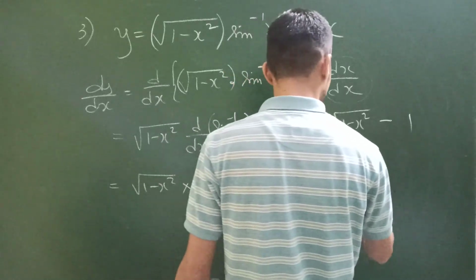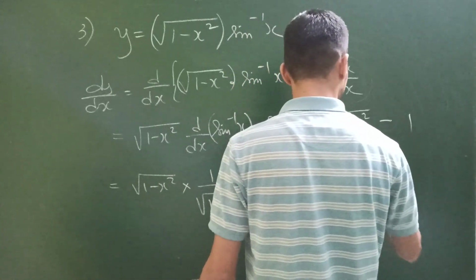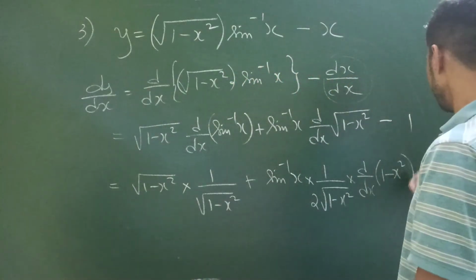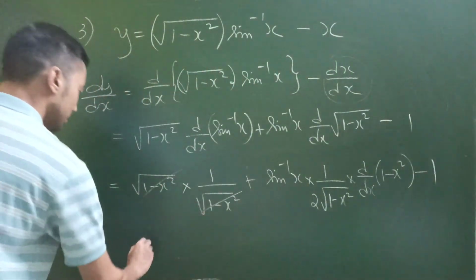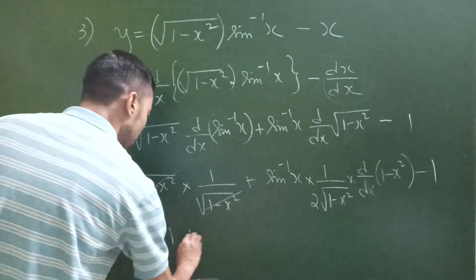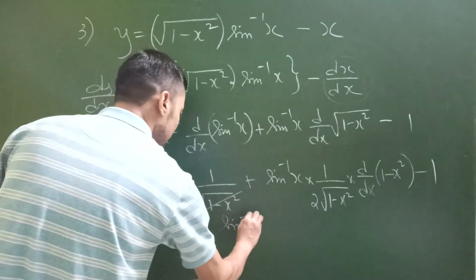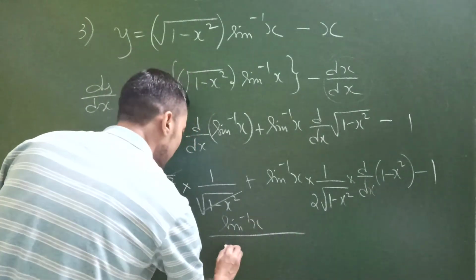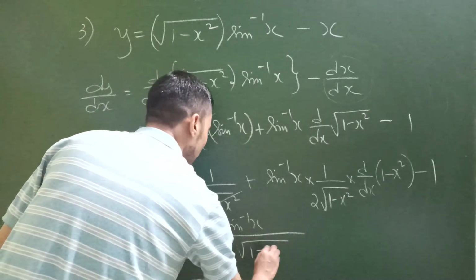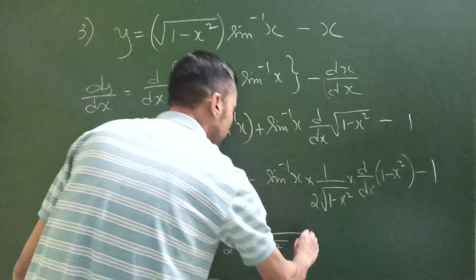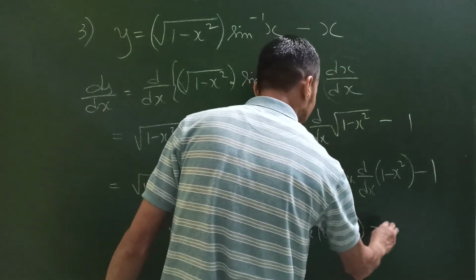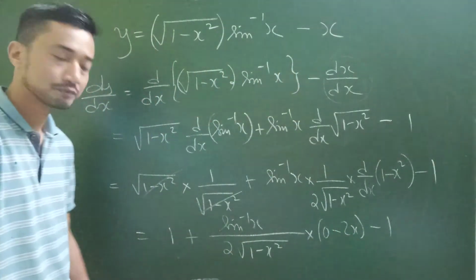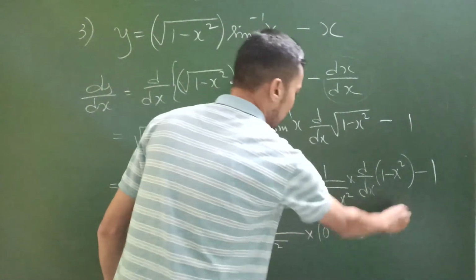We have two functions here, so we have to continue with our chain rule, 1 minus x square, minus 1. So this value is done, so we have only 1 plus sine inverse x by 2 root of 1 minus x square into, this is going to be 0 minus 2x, minus 1. I think that's fine. So plus 1 minus 1.